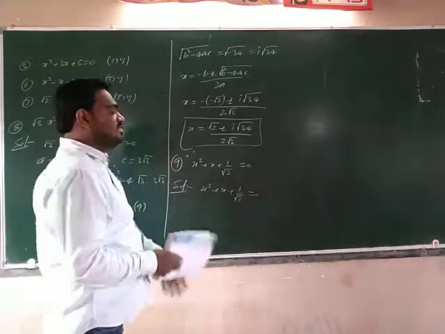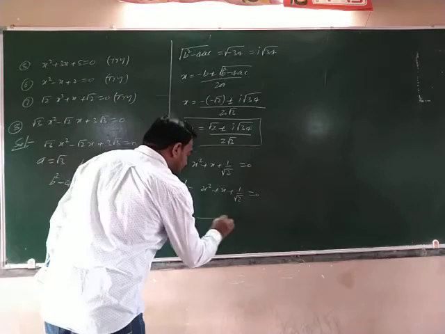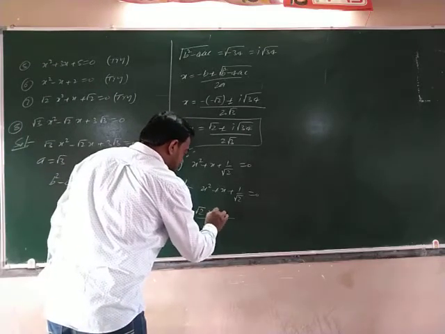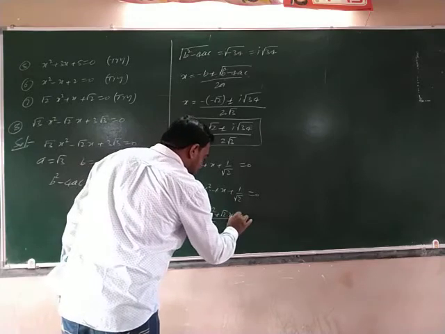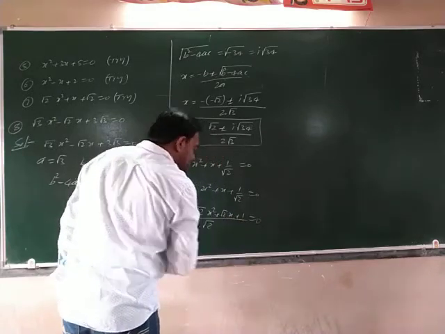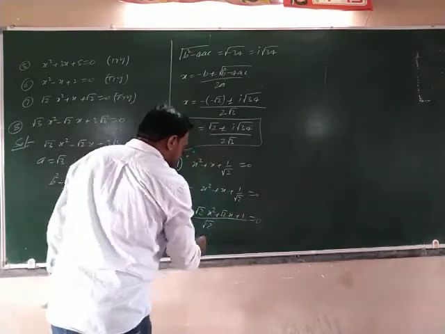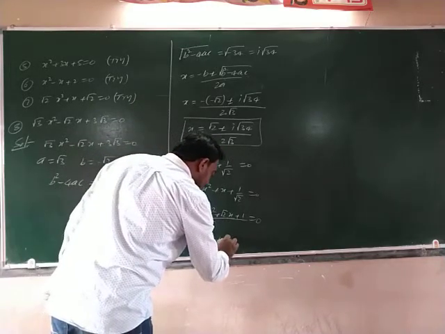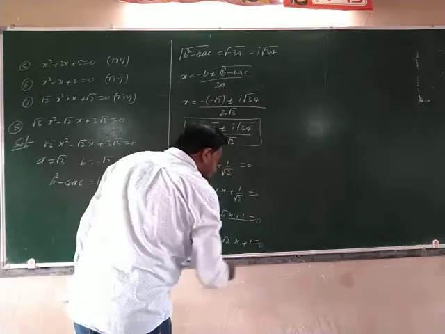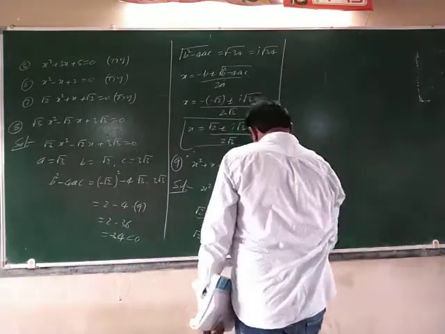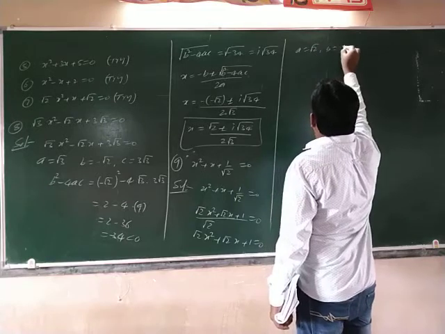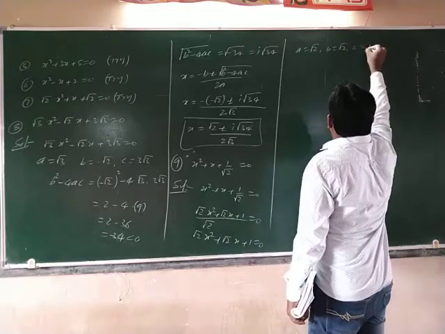Once you take the LCM, root 2 into x square plus root 2 into x plus 1 equal to 0. Now a is equal to root 2, b is equal to root 2, c is equal to 1.